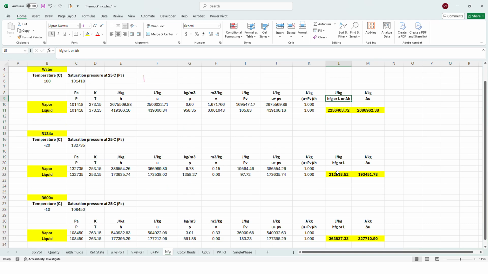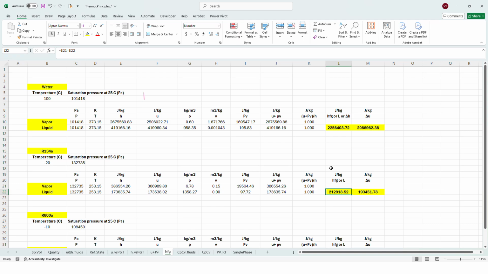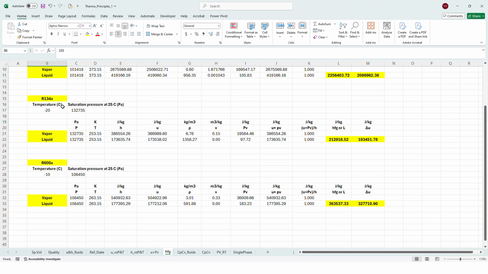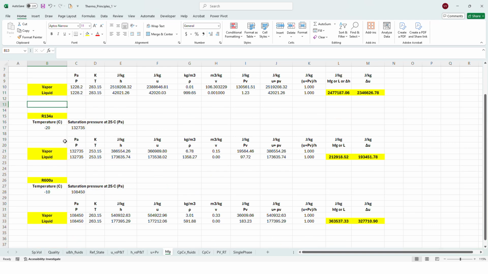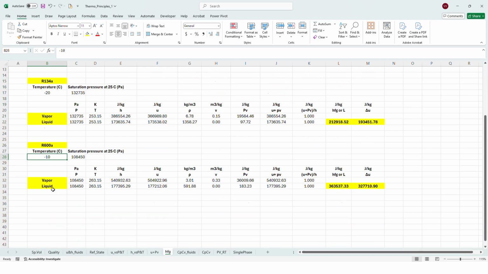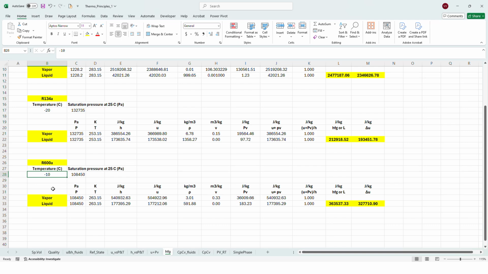Okay, so it seems like when you compare these fluids, for example water, let's try to compare them in similar temperature ranges. Let's say water is at 10, this one would work at 10.